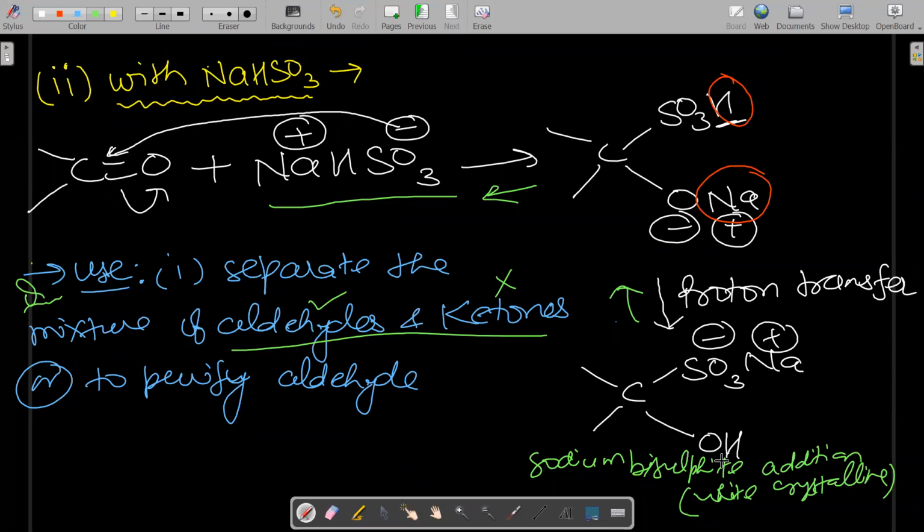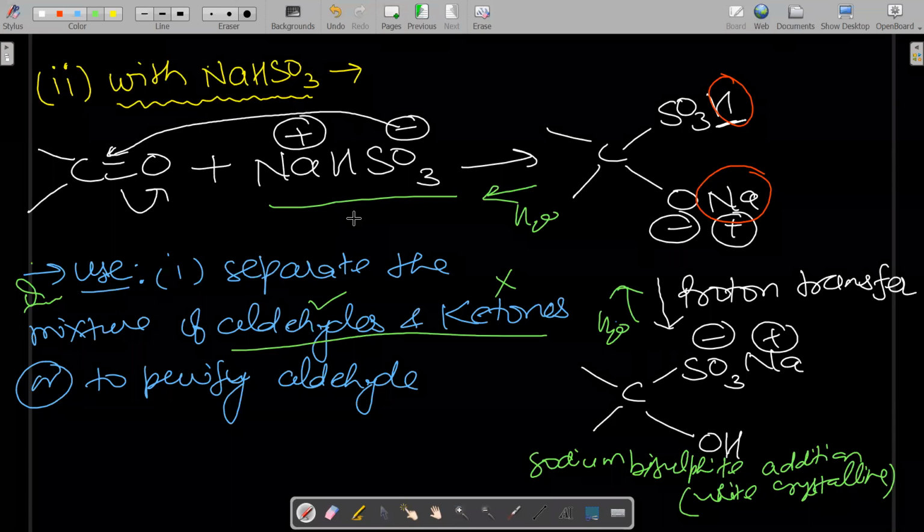Now this white crystalline product will be separated, and again it will be hydrolyzed. If we hydrolyze it, it reverses back and we get pure aldehyde. Right? Is it clear to everyone? Same for impure aldehyde. Suppose you have aldehyde that is not pure and you want to extract the pure aldehyde, then in that impure aldehyde also you can add sodium bisulfite.